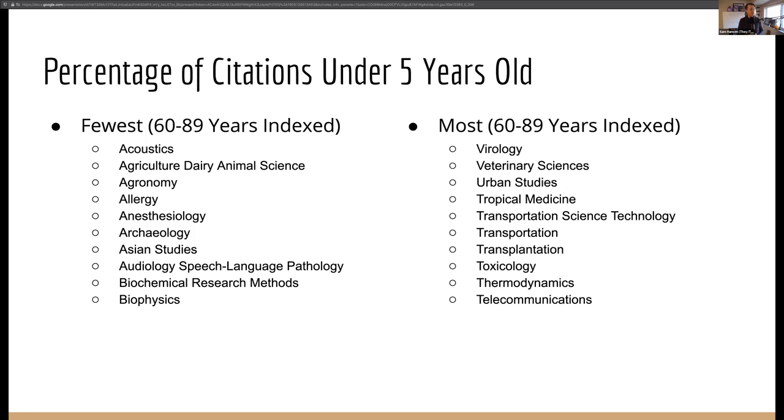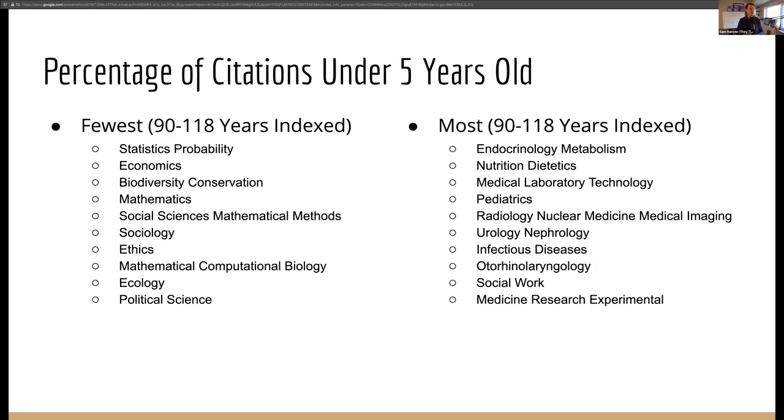We have biophysics here, which I believe was actually on the most for under 30. So they apparently like citing in the 5 to 30 year range. We have transportation science, transportation, transplantology, toxicology, telecommunications again, and we've already seen every single one of those from the most list on these other various lists.